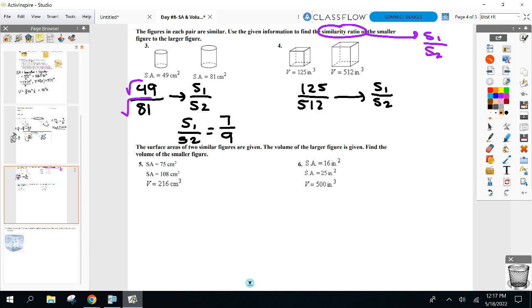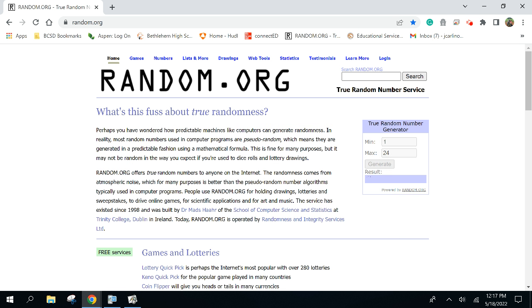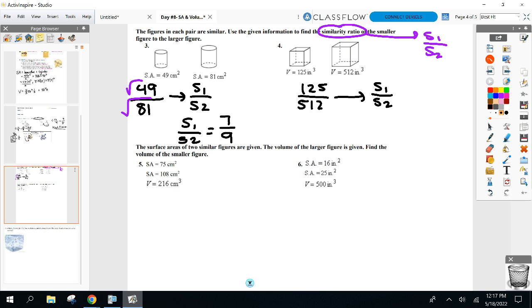Cube root. That with the 3 here, Jonathan, that's what you're talking about?